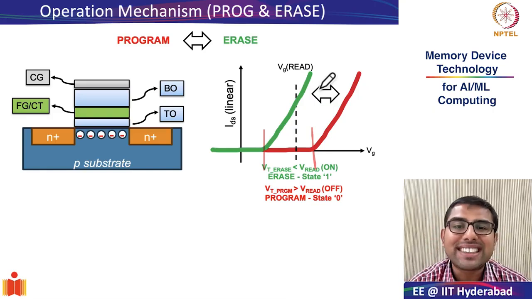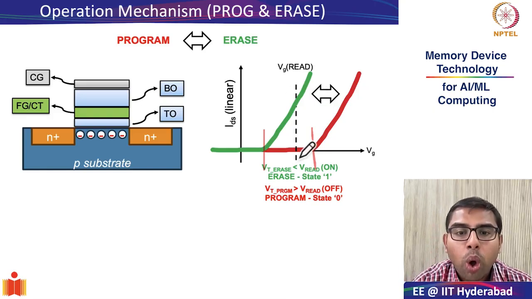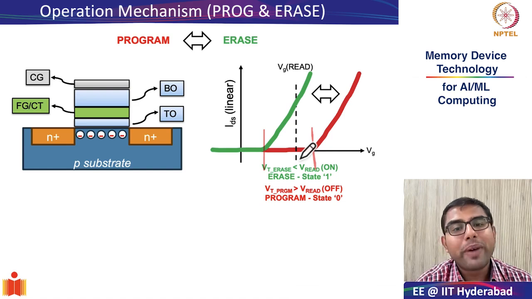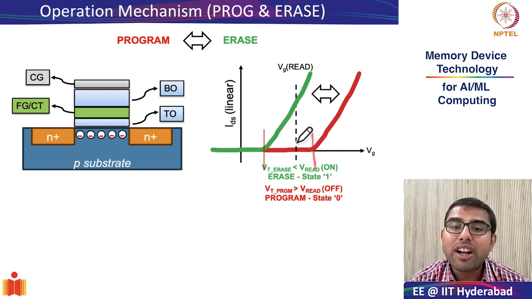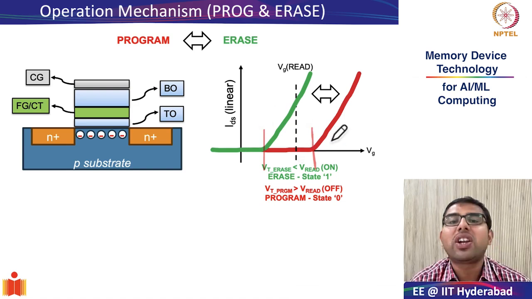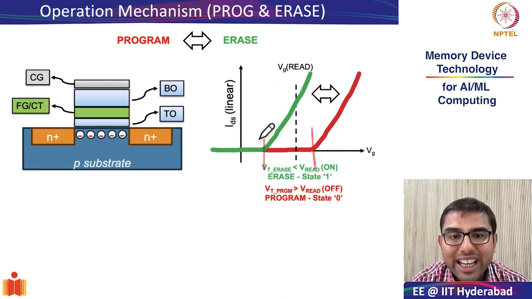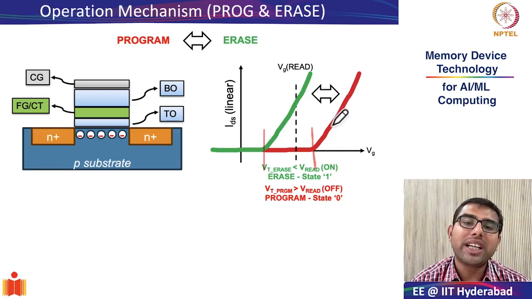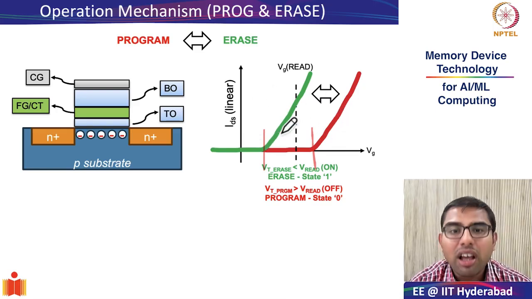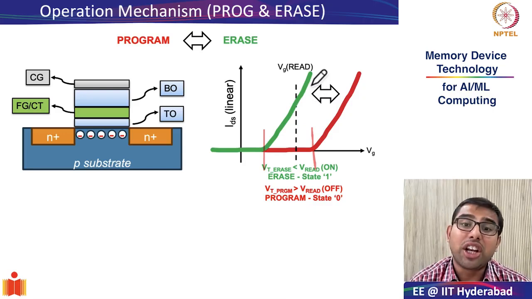And as we have already studied, how do you do the read? You basically select a gate voltage which is between the threshold voltage of the erase state and the program state. When it is in erase state, the transistor is in on state.